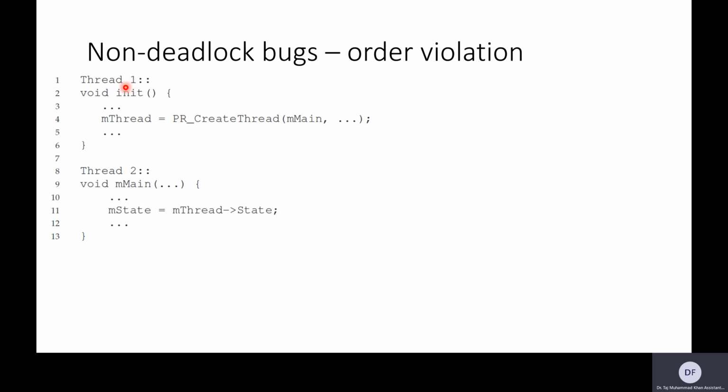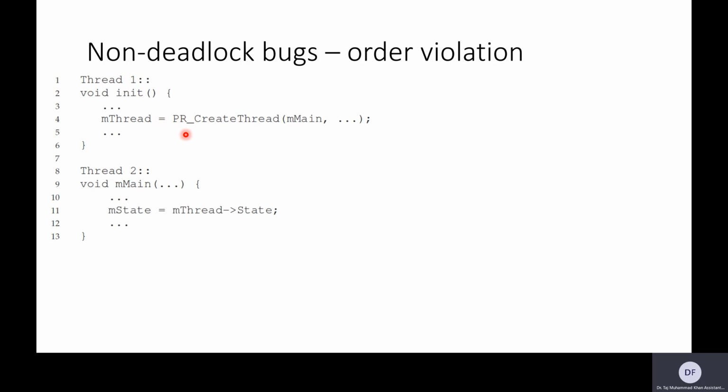You have thread 1 which creates a thread of this mMain function, another thread. This thread 1 is already running and it creates another thread of this mMain function and returns some pointer to be stored in mThread. And in the mMain function that will be created by this thread, we are using this pointer that has been returned by this function creation during the creation of the mMain thread.